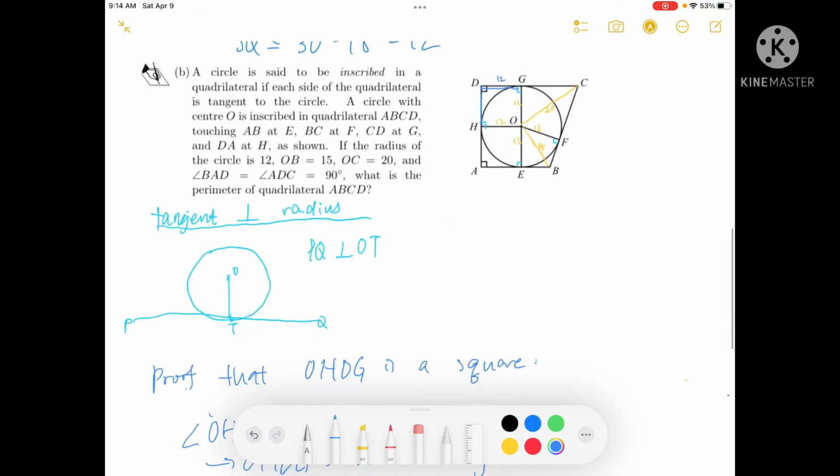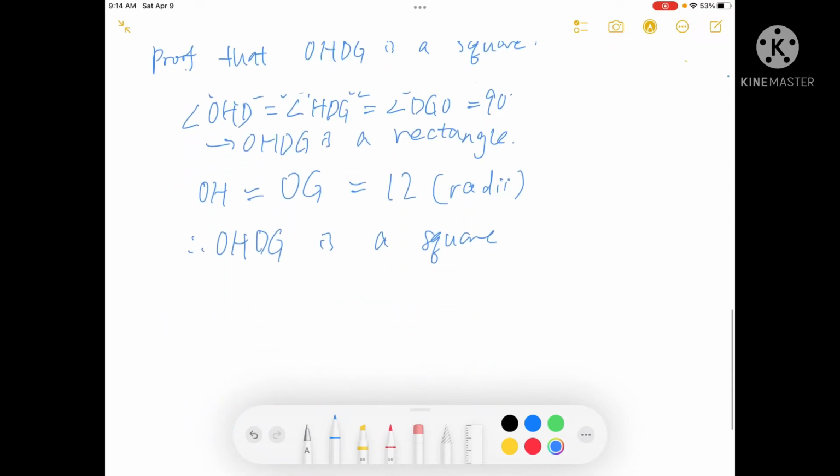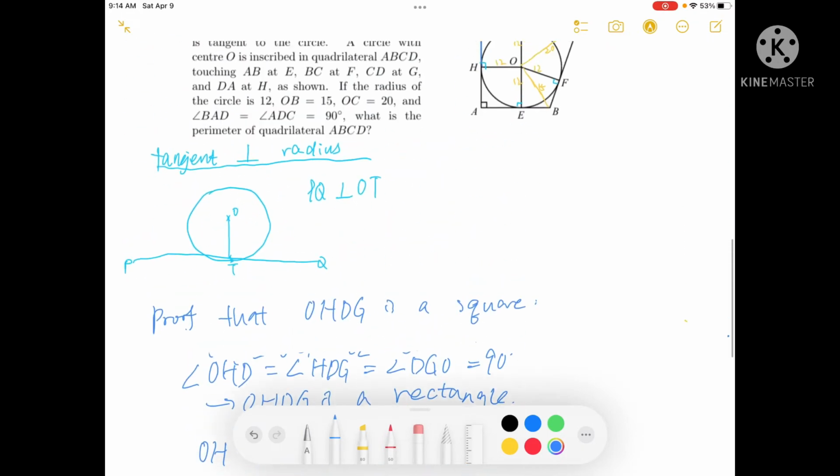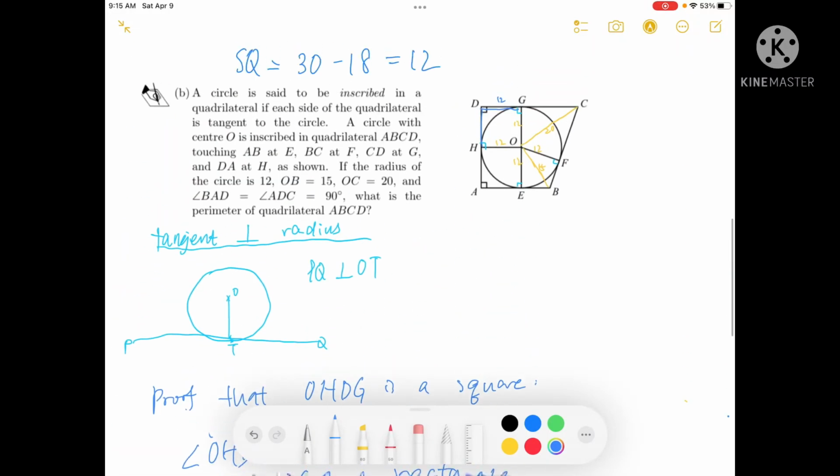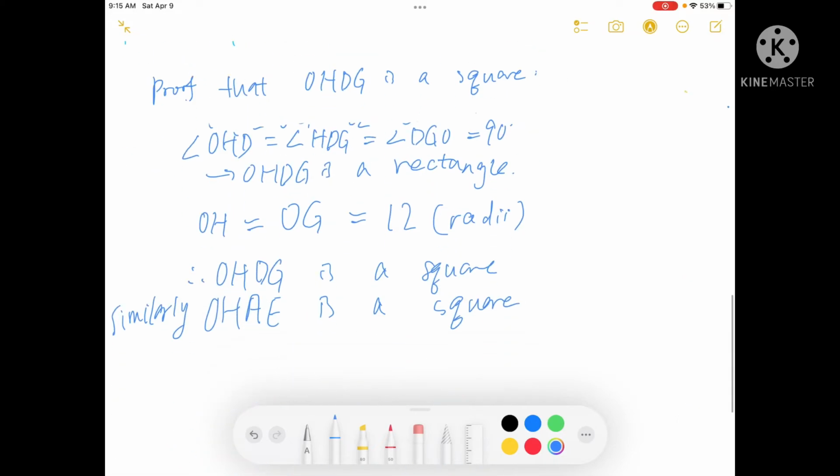And similarly, we can prove that OHAE is a square. I will not write the proof to save time. So now we have proof that they are squares, so we can use that HE and AE and DH and DG are equal to 12.